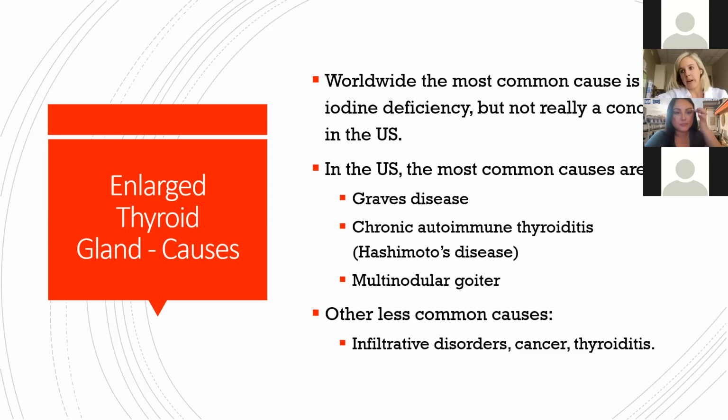And that's really scary. Thyroiditis, sometimes the thyroid gland gets a little bit inflamed and kind of swollen, and then it usually gets better. You can see that after pregnancy or even after illnesses. And then infiltrative disorders, that's things like sarcoidosis and amyloidosis, some conditions that can infiltrate the thyroid gland and just make it look larger. Next slide.